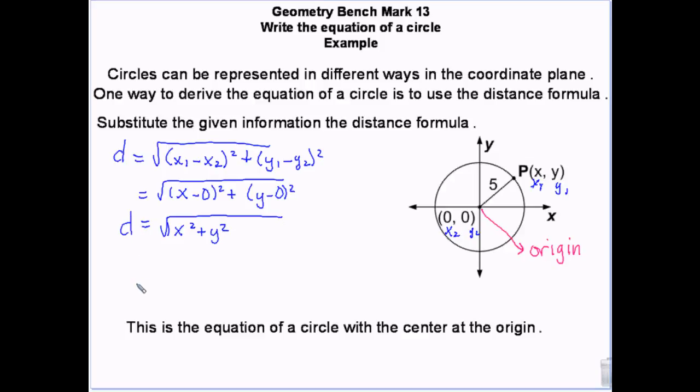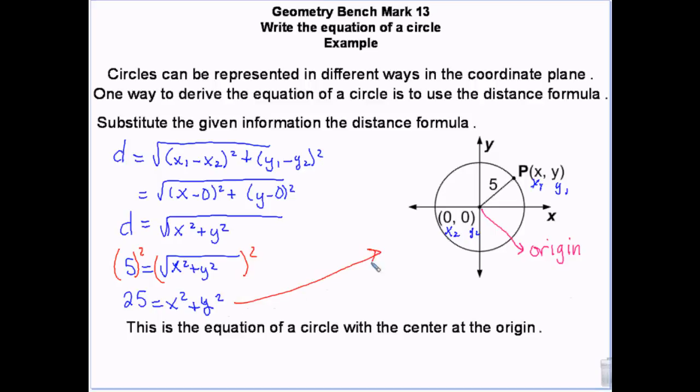That's the distance. Well, if I put the 5 in, and then I want to get rid of the square root, so I would square both sides, and I would get 25 is equal to x squared plus y squared. And this is the equation of this circle.